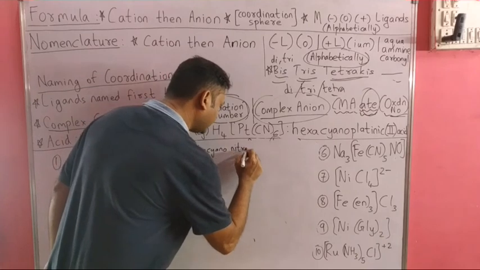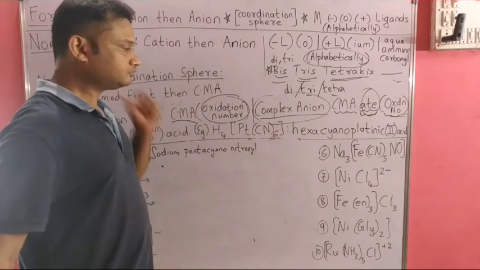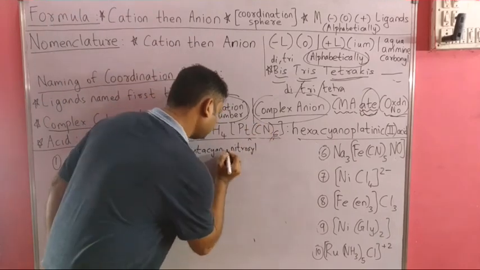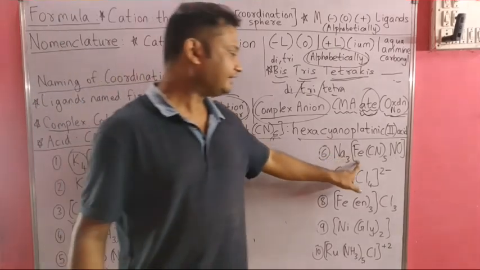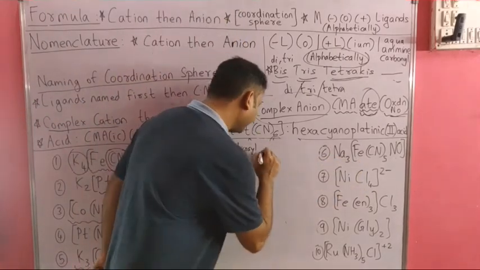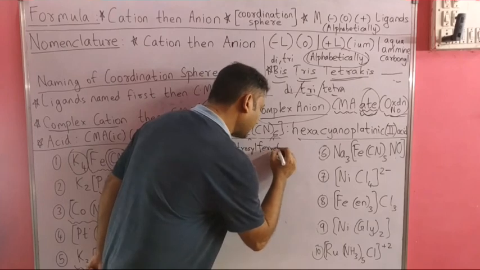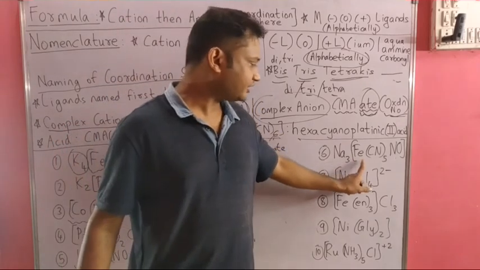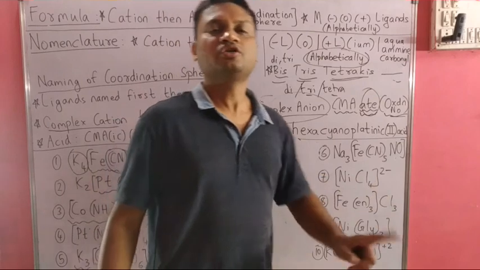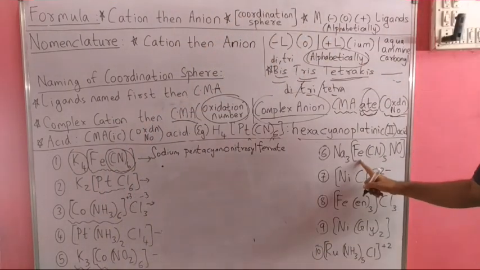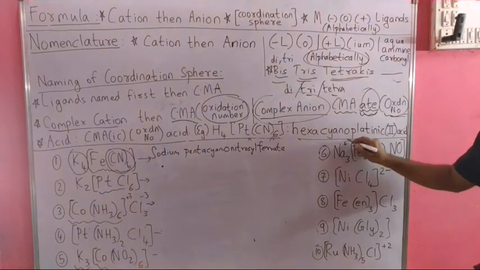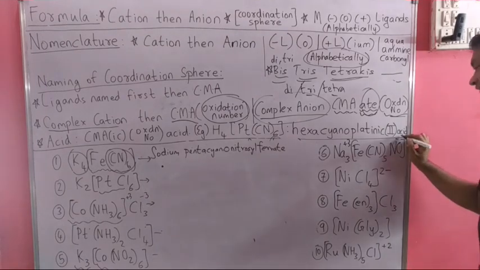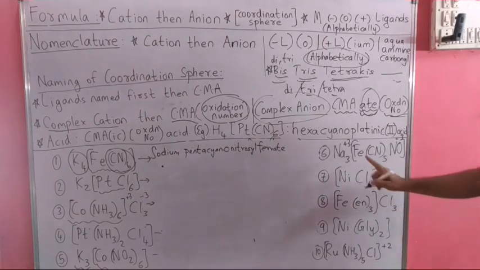So we'll write nitrosyl without space. Nitrosyl, and then we have iron. So we'll write ferrate. And we will calculate the oxidation number of iron in this case. We have a +3 charge on sodium, so the anion will have a -3 charge.